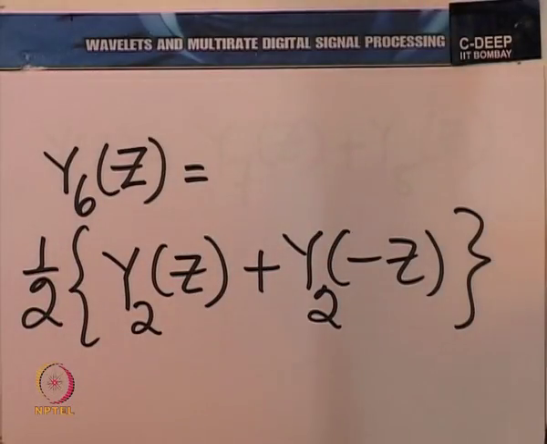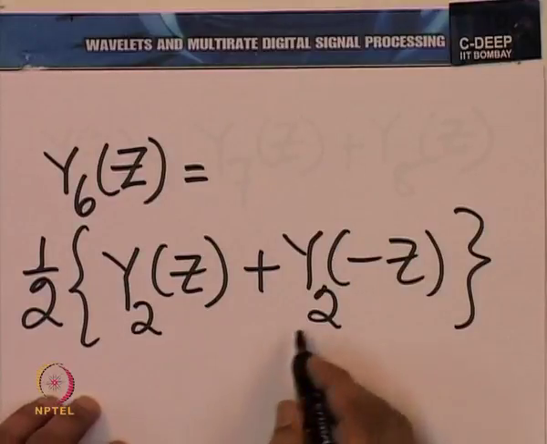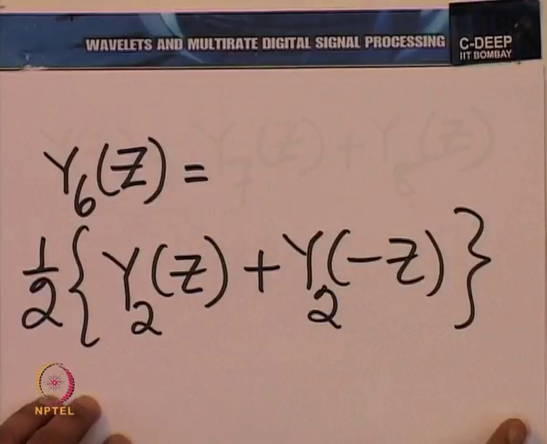What I am trying to do is to identify a form of the expression. So, this Y2(-z) has two terms embedded in it.